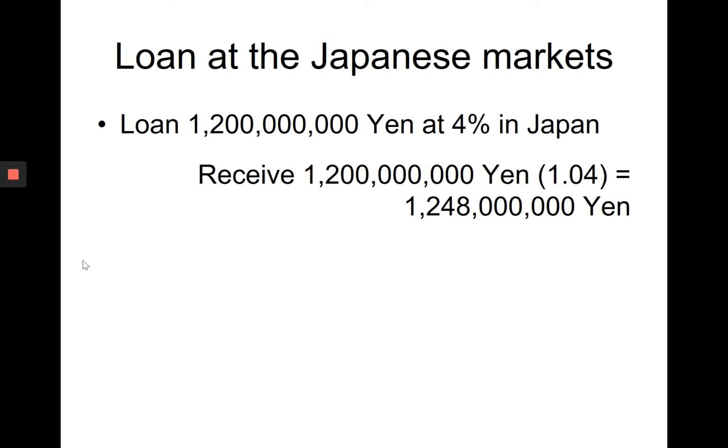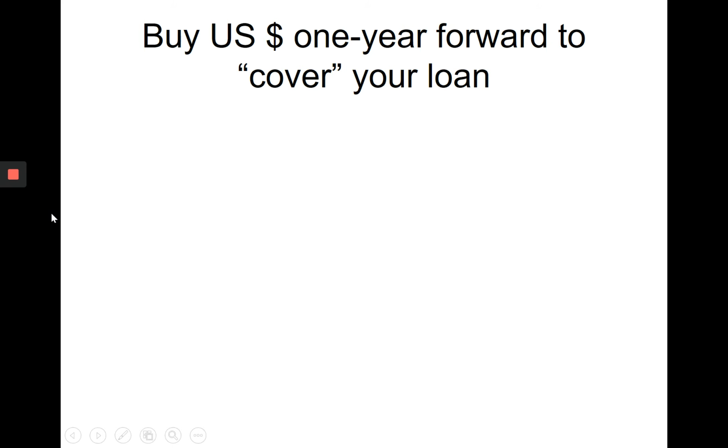This means after the loan matures, which is a year, we get 1,200,000,000 yen multiplied by 1.04, or we get 1,248,000,000 yen next year.